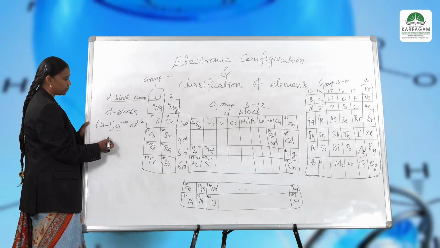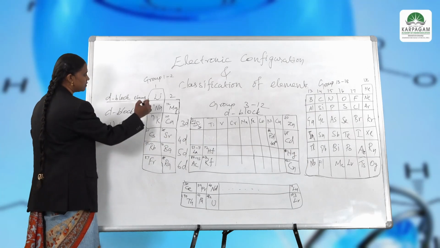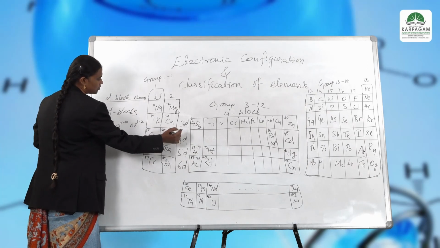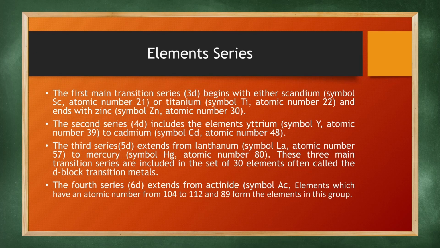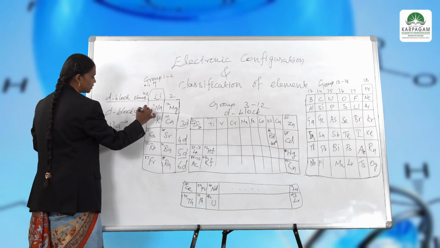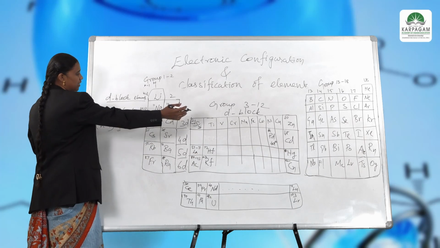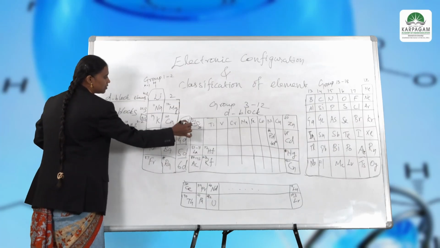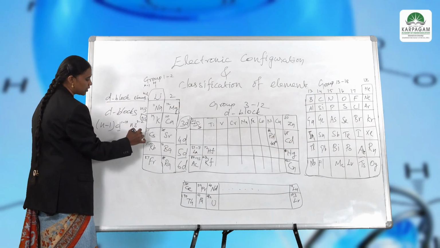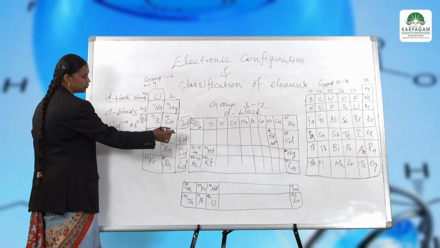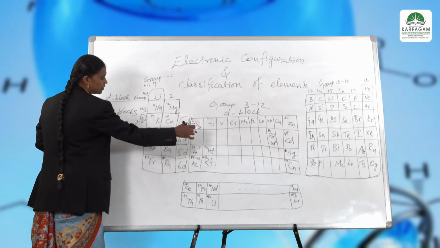In the d block, in this series, there are 3d, 4d, 5d, and 6d series. In the vertical line, it starts from hydrogen with n equal to 1, then n equal to 2, n equal to 3, n equal to 4. When it comes to the fourth row, the 3d series is present, and at n equal to 5, the 4d series is present.